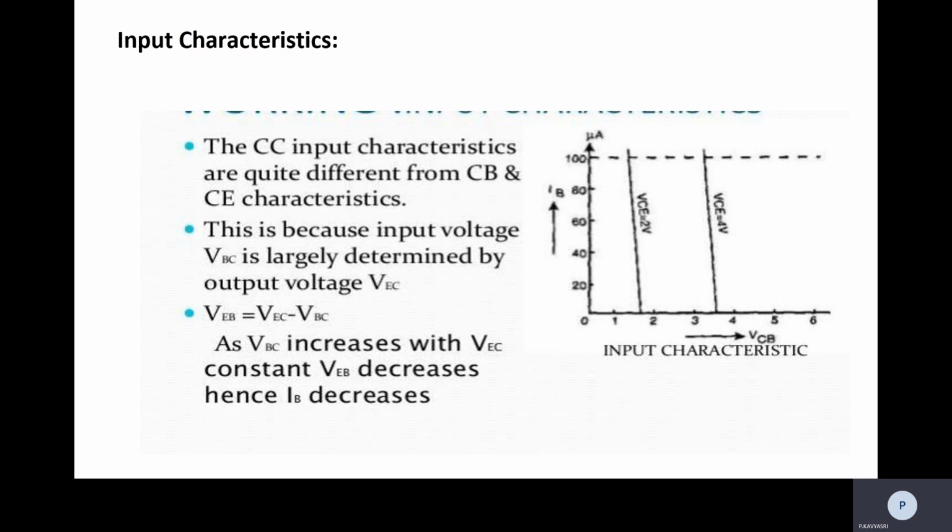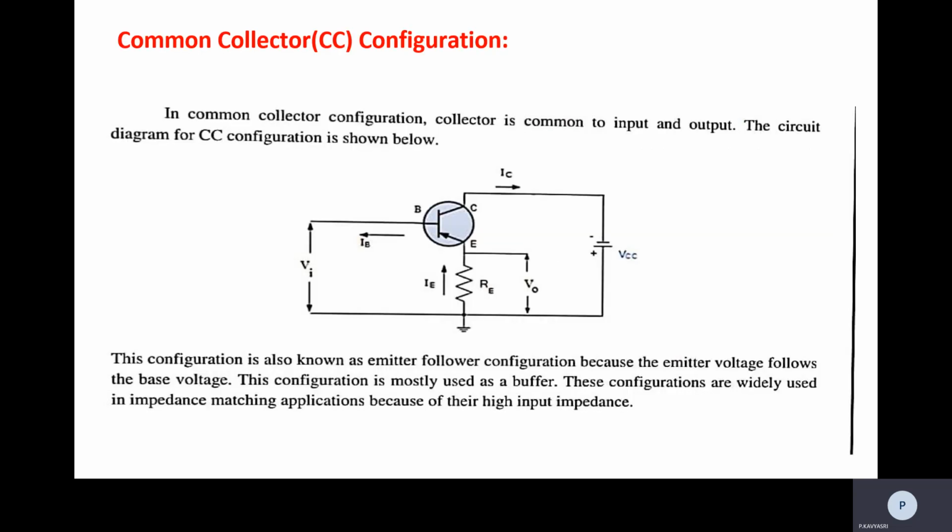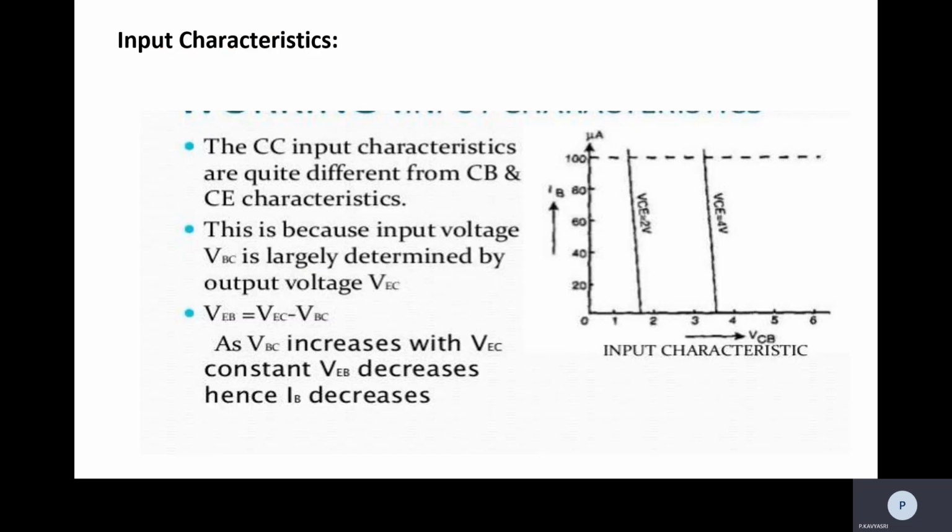Now we will see the characteristics, input characteristics and output characteristics. Input characteristics means the graph is drawn between the input voltage and input current. So what is the input voltage and input current here? IB and VCB. So I'm drawing the graph between IB and VCB by keeping VC constant.